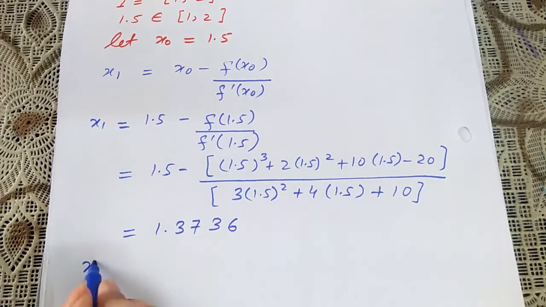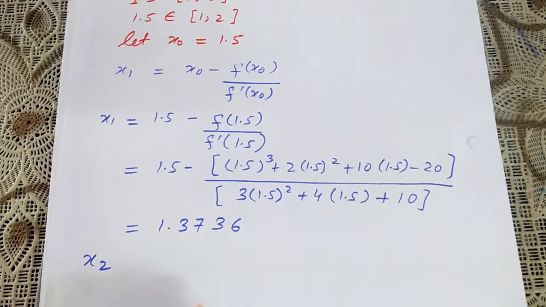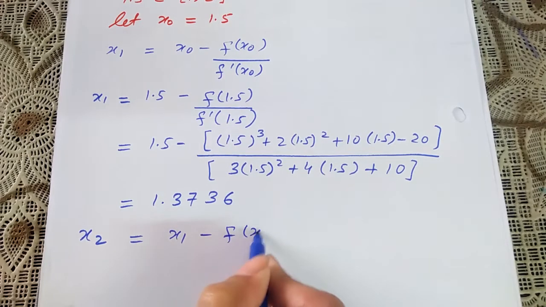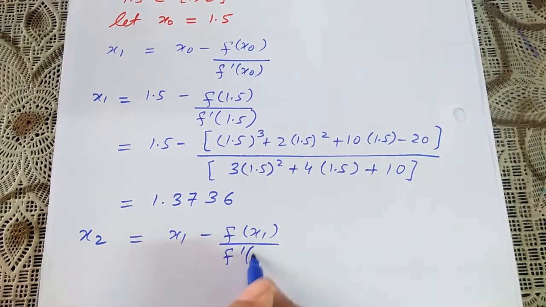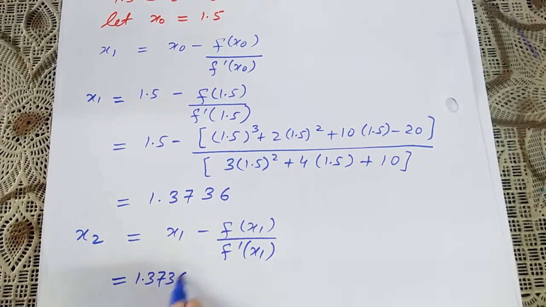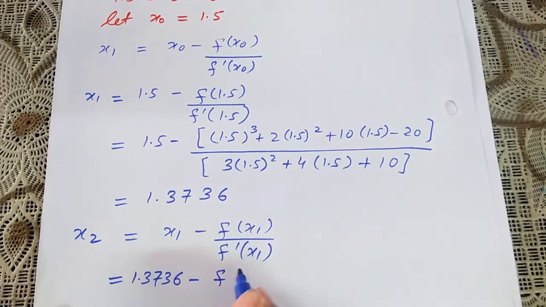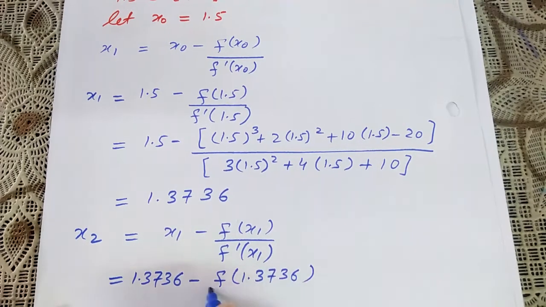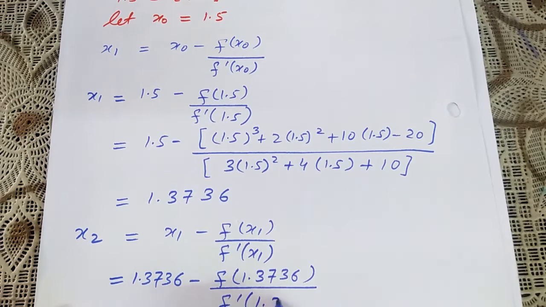Now find the next iteration, that is x2. x2 equals x1 minus f of x1 divided by f dash of x1. x1 is 1.3736, so x2 equals 1.3736 minus f of 1.3736 divided by f dash of 1.3736.